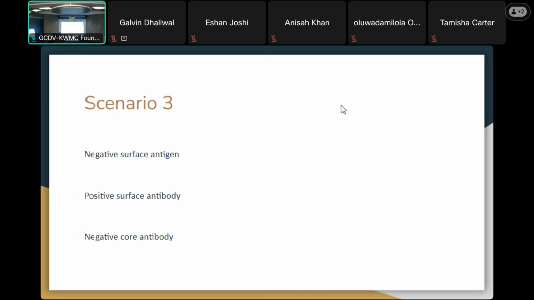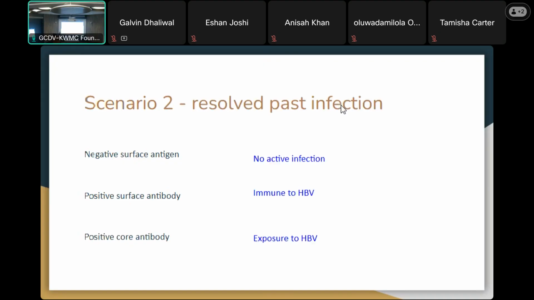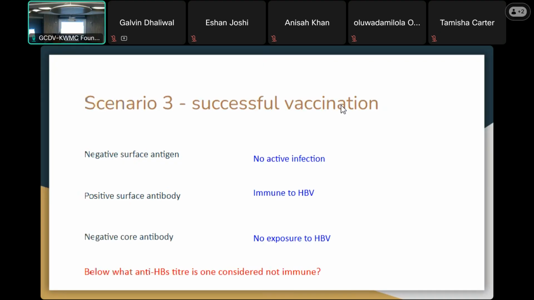And how you would differentiate that is negative core. So vaccination won't cause a positive core antibody. So this person is immune, and this one is from vaccination. The previous person, this one was from prior infection. Okay, so no active infection, immune, and no prior exposure.